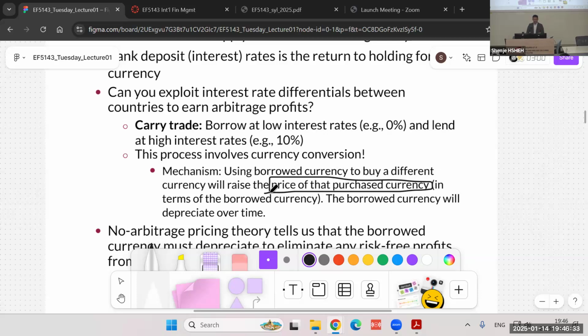If nothing happens, yes, you do make 10%, but that's most likely not going to happen because once you try to do this, the opportunity window will close. The reason is because once you start converting your currencies, for example, converting your dollars to Swiss francs, the price of Swiss francs is going to increase. And that's going to make the US dollar weaker, right? So that's another key thing to remember in this class.